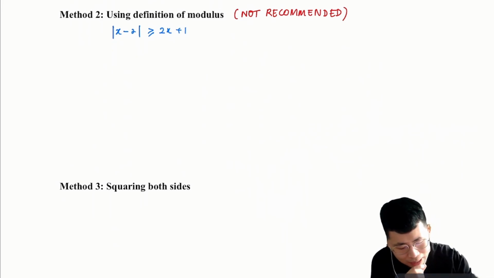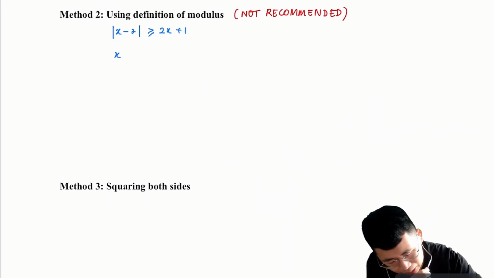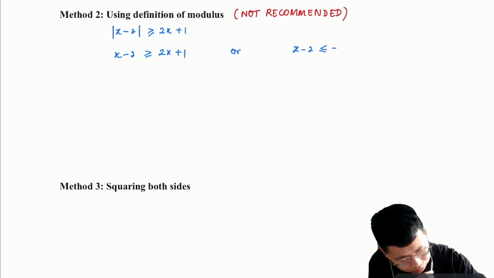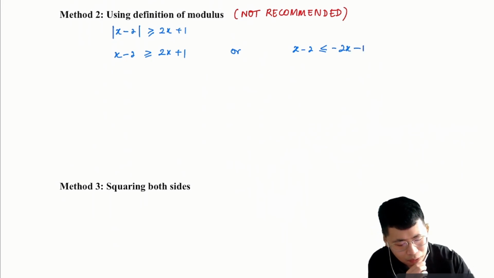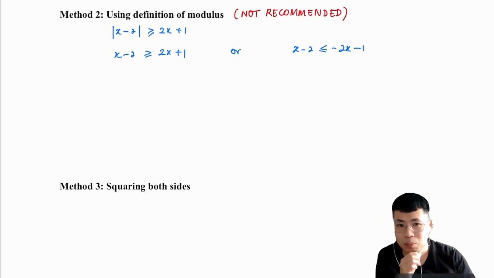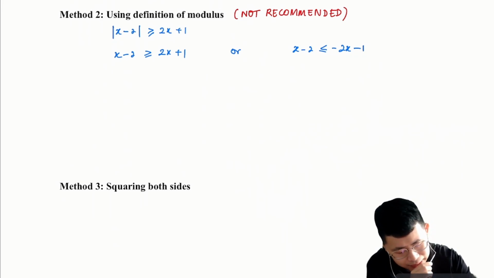Let me tell you why. Over here, if we open this up, we get more than the positive version, or less than the negative version of this. This is what we call using the definition of modulus, to open it to a non-modulus form, and it will be easier to solve that way.